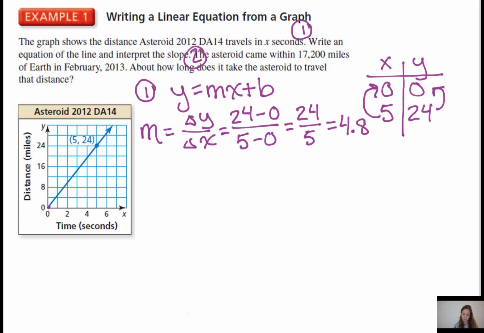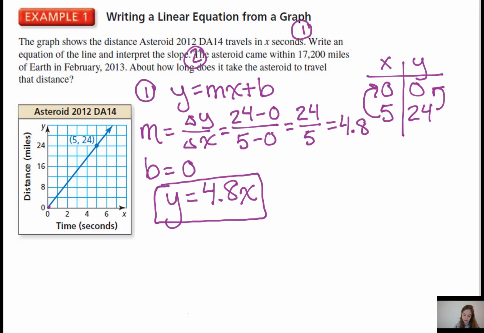Okay, we found m. b is the y-intercept. You can see in this graph the y-intercept is 0. So our equation of this line is y equals 4.8x plus 0. I don't need to write that plus 0. There's the equation of the line.